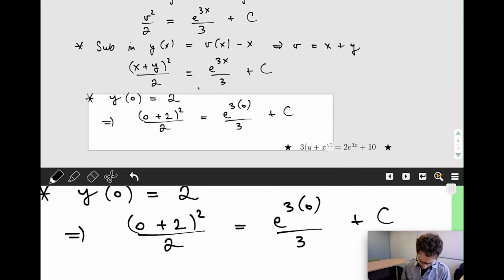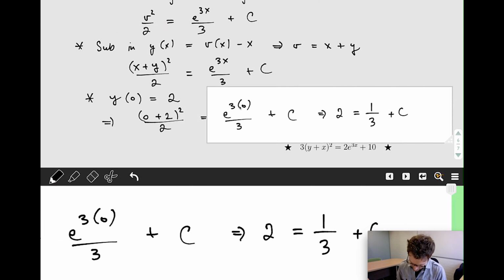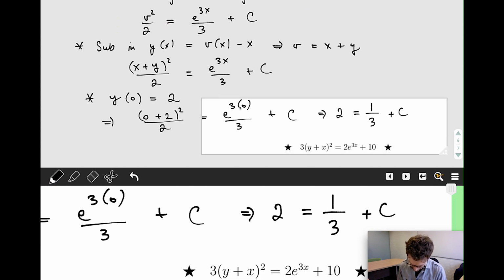So we've got 2 squared over 2, which is simply 2, equals e^0, well, e^0 is always 1, over 3 plus c. That gives us that c is equal to 2 minus a third, which is 6/3 minus 1/3, which is 5/3.